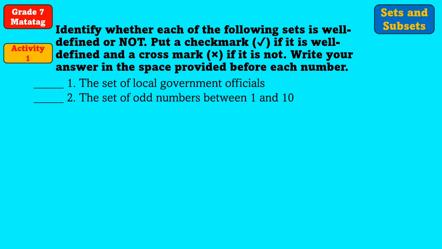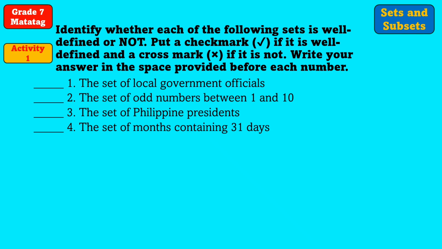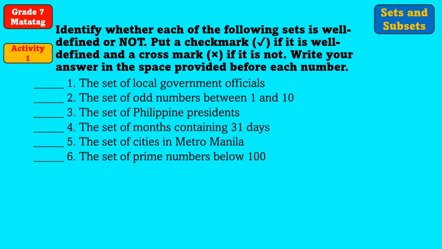Number 2, the set of odd numbers between 1 and 10. Number 3, the set of Philippine presidents. 4, the set of months containing 31 days. 5, the set of cities in Metro Manila. 6, the set of prime numbers below 100.